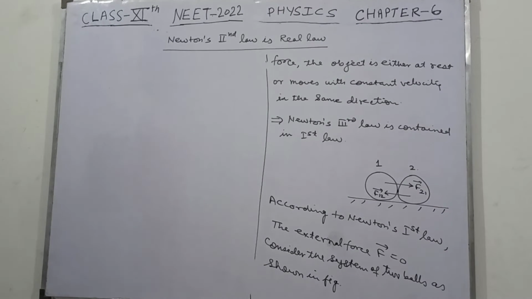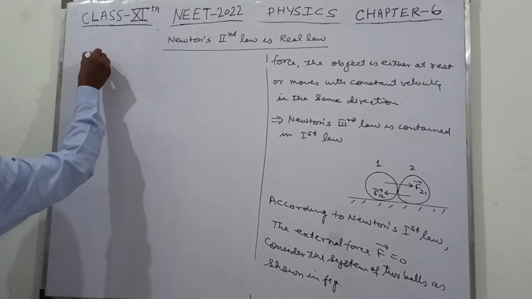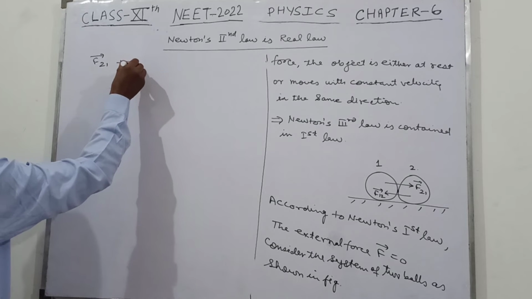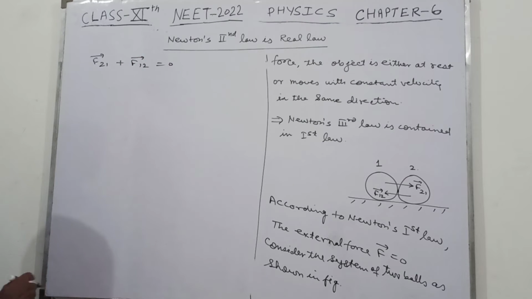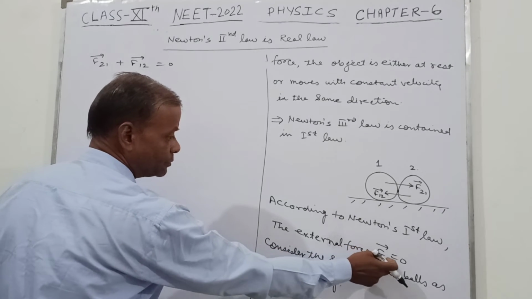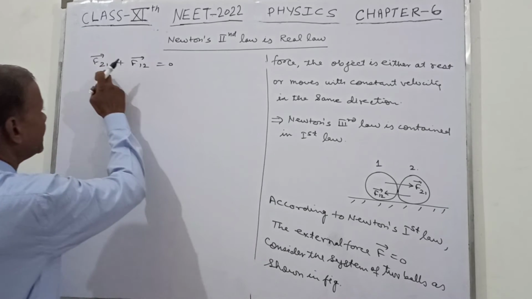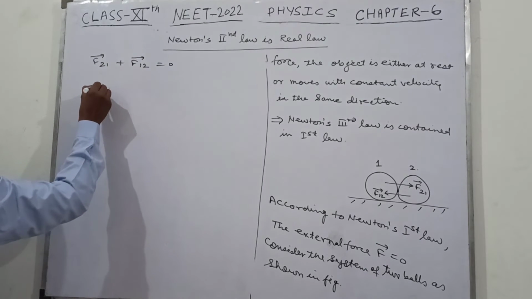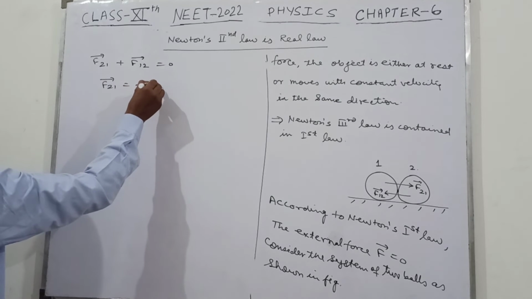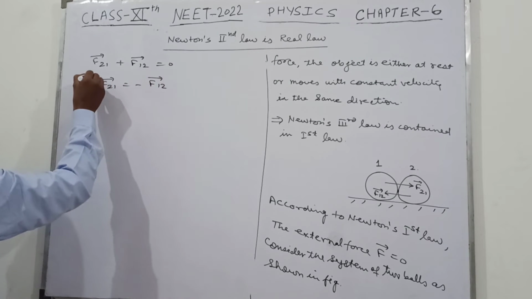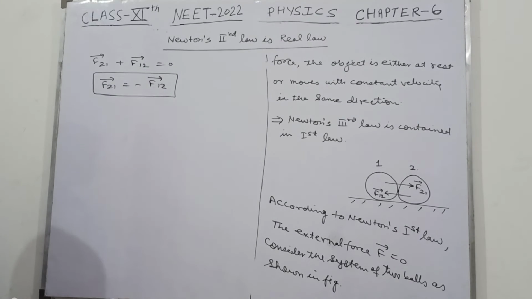We have F21 plus F12 equal to 0, because the net force is equal to 0. So the sum of these two forces is 0, or we have F21 is equal to minus F12. This is Newton's third law.